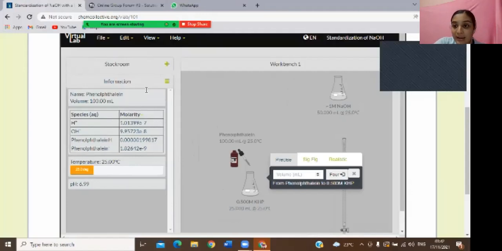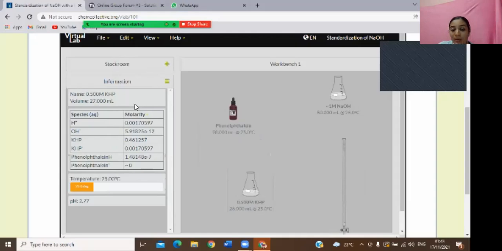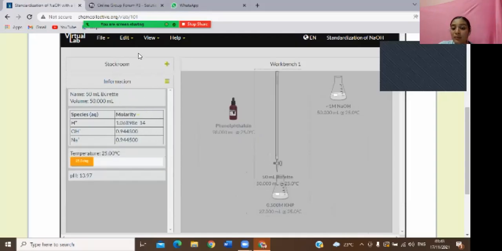As we add it, we're going to be adding 1 ml of the indicator into the solution. Now the burette that contains the sodium hydroxide, we're going to be adding.